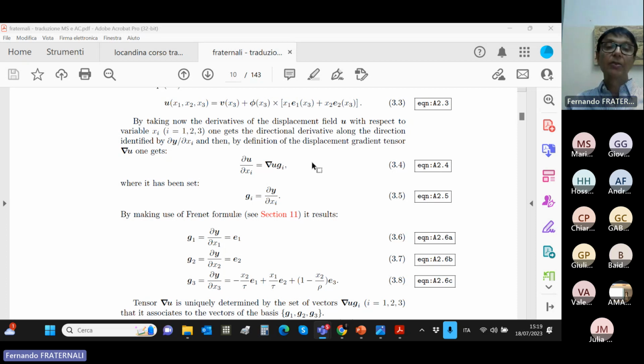So these three derivatives give what is called, in the differential geometry of curves, the natural basis associated to these three coordinates x1, x2, and x3, which is the arc length. So these G1, G2, and G3 are not E1, E2, and E3, because now we are taking derivatives of the position vector of a point of the beam and not of a point of the axis line.